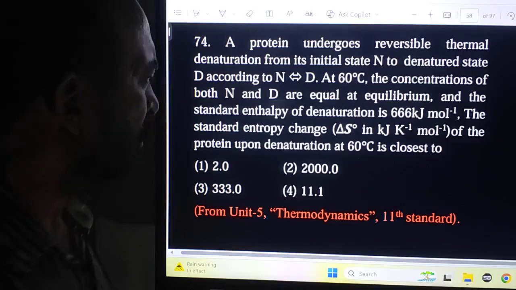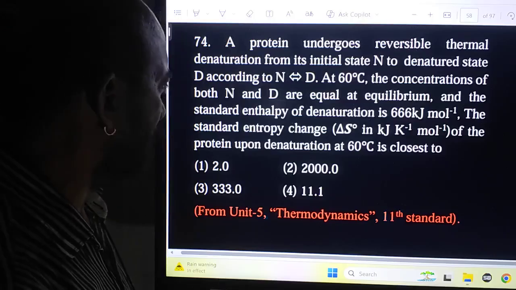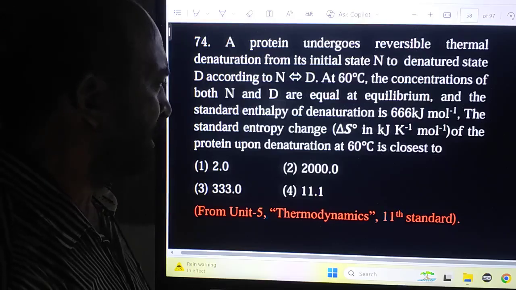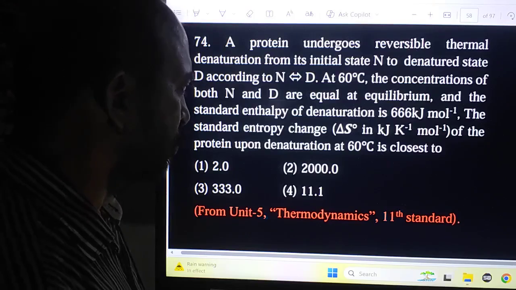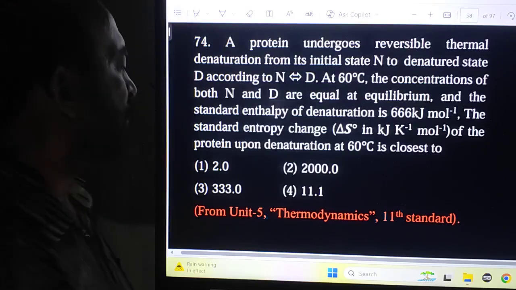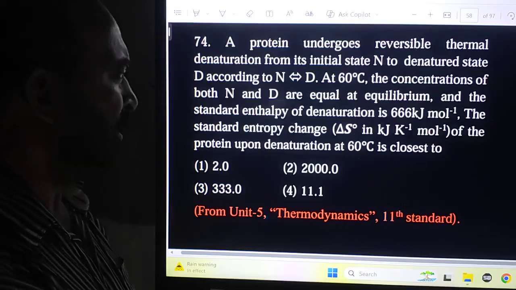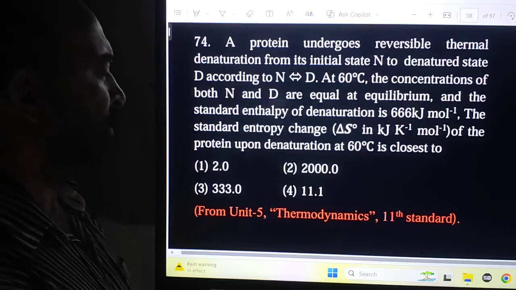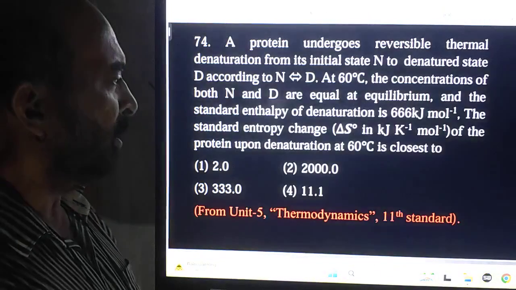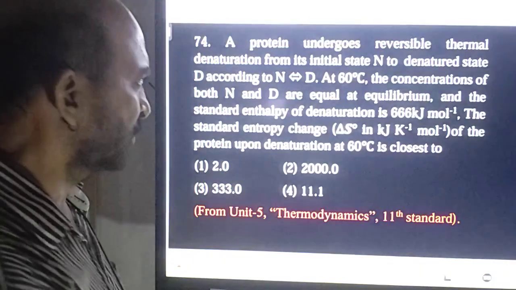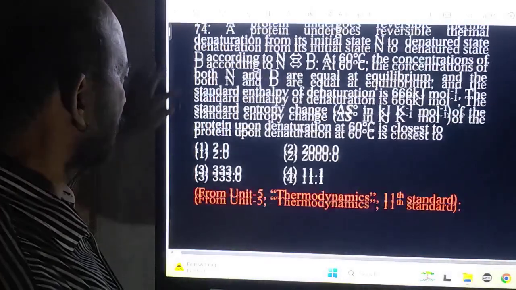The standard entropy change, delta S, in kilojoule per Kelvin per mole of the protein upon denaturation at 60 degrees Celsius is closest to. Okay, we want to find entropy. You are given the enthalpy. You are given an idea regarding the equilibrium constant. Enthalpy, entropy, equilibrium constant. How can they be connected?